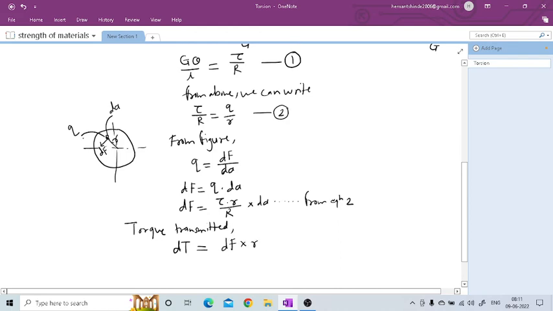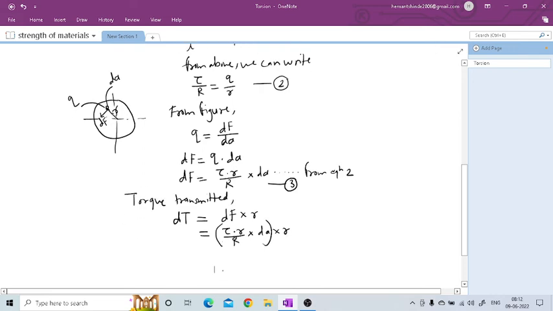See, in this figure, force into radius. So dF into r will be the torque transmitted. Now we have the value of dF. Consider this as equation 3, and from 3 put the value of dF. So this will become tau into small r divided by capital R into dA into small r.